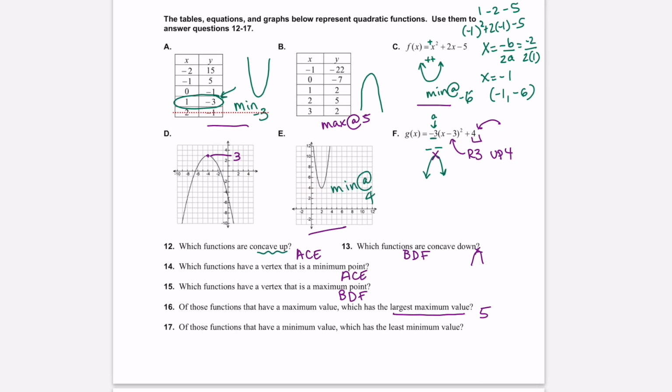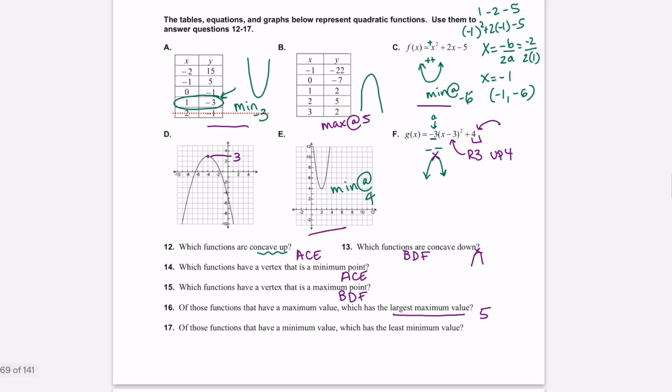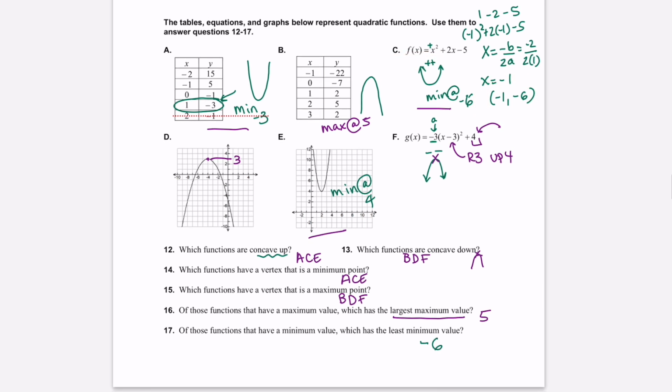So we're finding the least minimum, the smallest minimum. That would be C because it goes down to -6. And then on 16, B was at 5. So we want to say B was our answer, and C is our answer here.